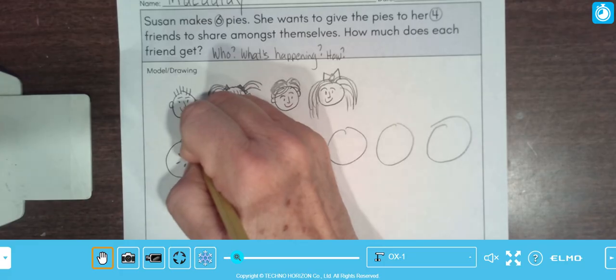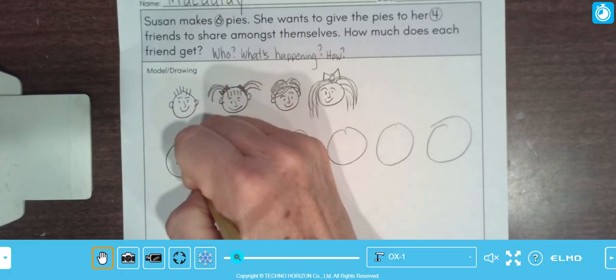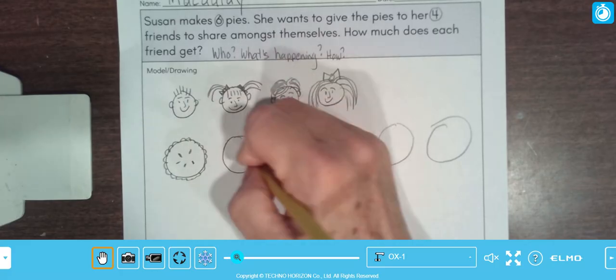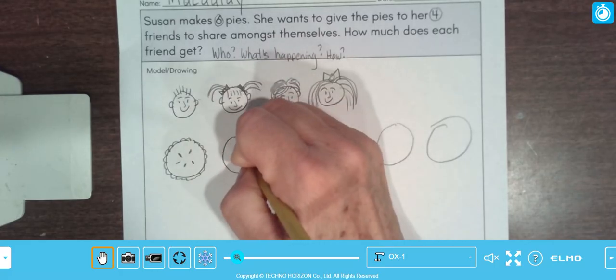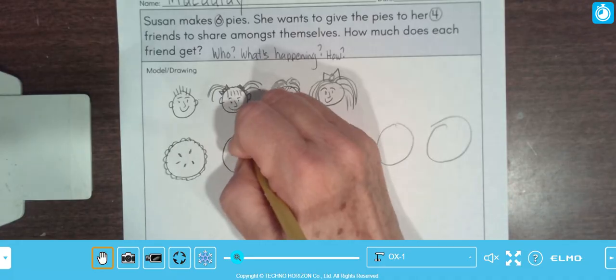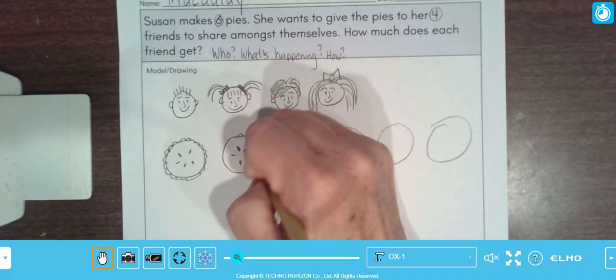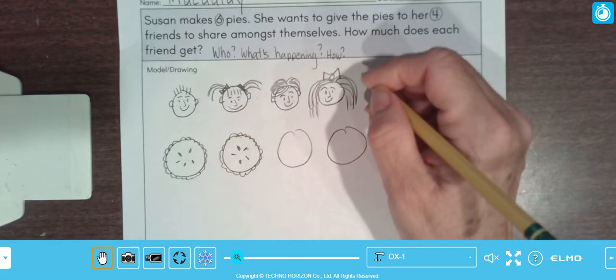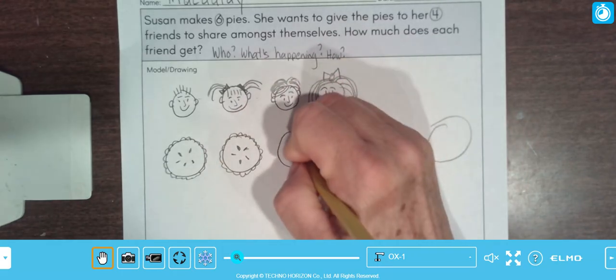And pies kind of have a little crust on them, don't they? Now, you don't have to copy the way I do pies. You don't even have to draw pies. You could just draw circles. Okay? But I want them to kind of look like pies.